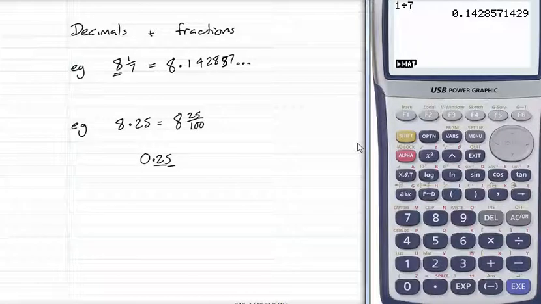Highest common factor of 25 and 100. I'm going to divide by 25 on the top and 25 on the bottom. 25 divided by 25, don't forget to put down our 8. 25 divided by 25 is 1. 100 divided by 25 is 4. Oh, and we knew that a quarter was 0.25 because we saw it in the previous question.